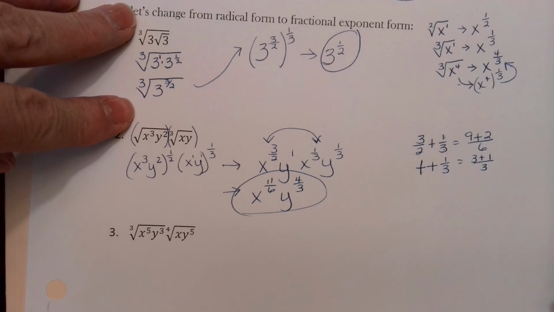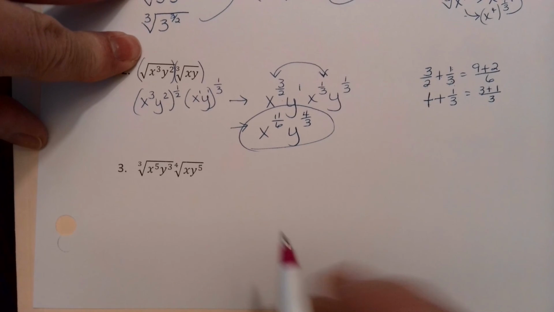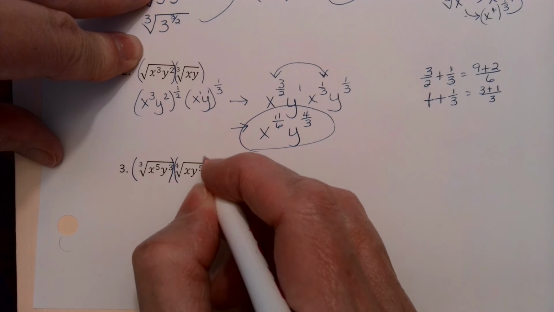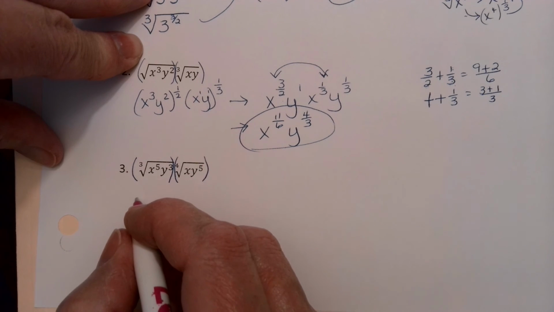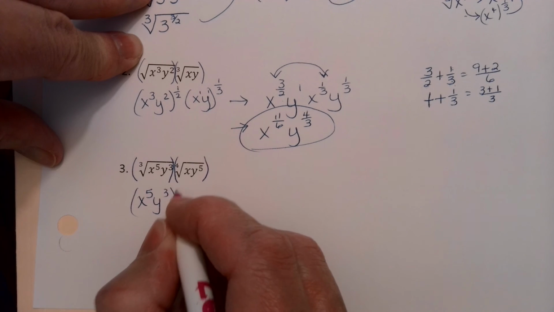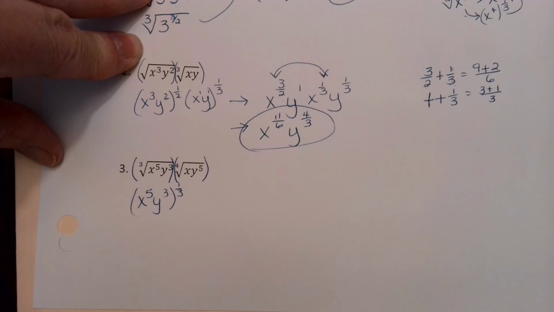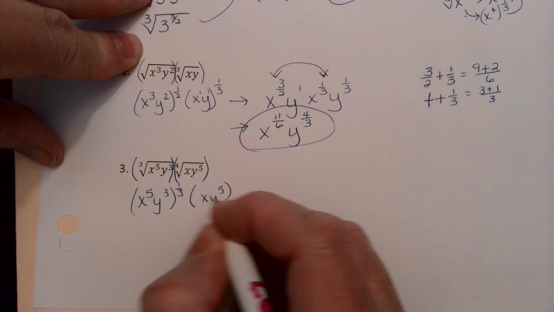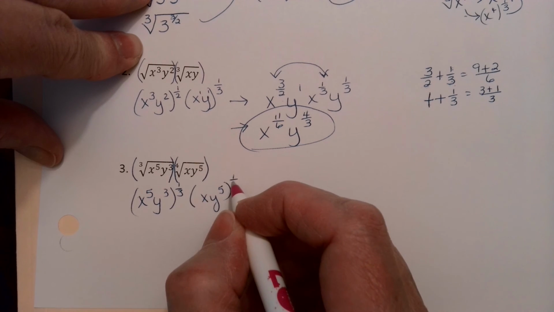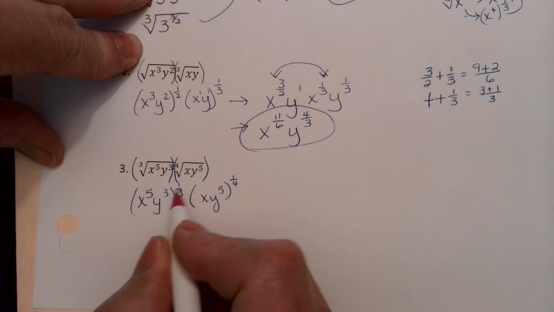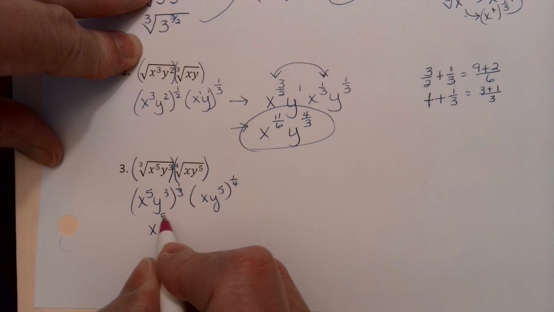Okay, now let's look at the last one. So again, this is one thing, and that is the next one. So I have x to the 5th, y to the 3rd, and that is to the 1/3 power. I have over here x, y to the 5th, and that is to the 1/4 power. So I'm going to multiply 5 times 1/3, and I get 5 over 3.